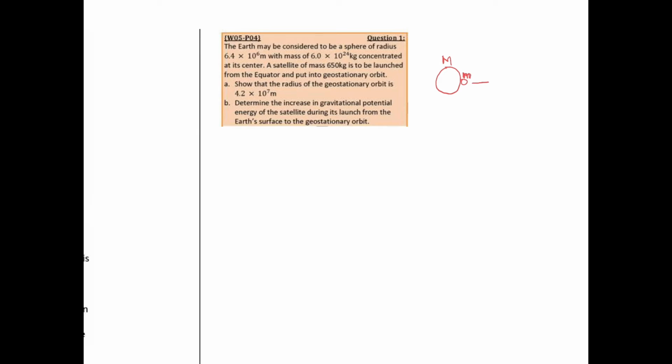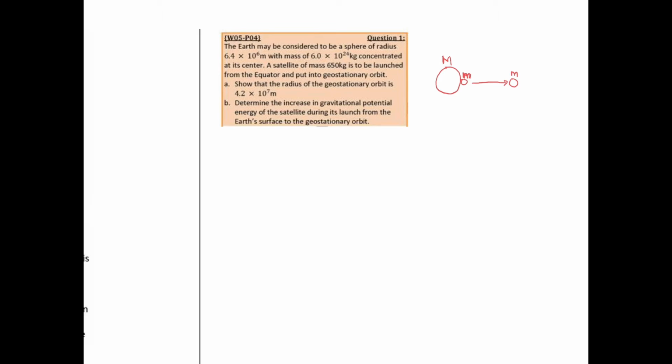So you're going to bring the satellite to somewhere which is far away, which is called geostationary orbit, but we haven't learned that. Just ignore that first. So you just want to bring the satellite to somewhere which is far away, and show that the radius of the geostationary orbit is 4.2 times 10 to the power of 7 meter.